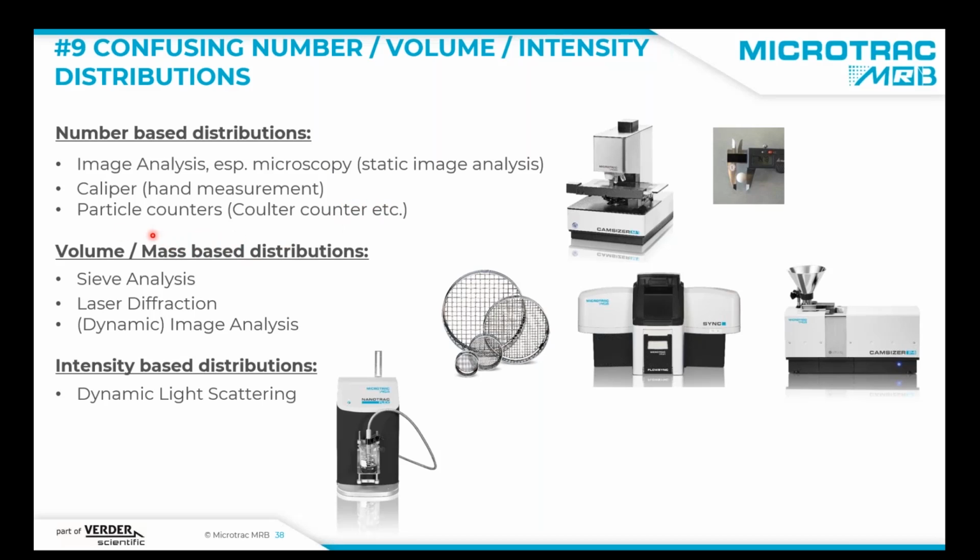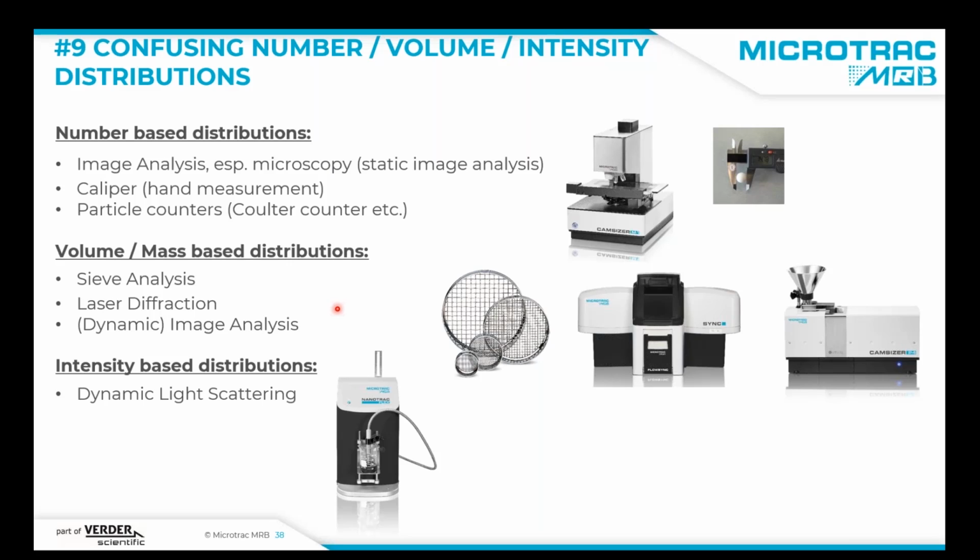There are also methods that give you volume or mass-based distribution. Sieving gives you mass-based distribution because sieving is weighing. Laser diffraction gives you volume-based distribution. And dynamic image analysis data from the ChemSizer devices, ChemSizer P4, ChemSizer X2, will also usually be reported as a volume-based distribution, because here we can do a very good conversion from number to volume.